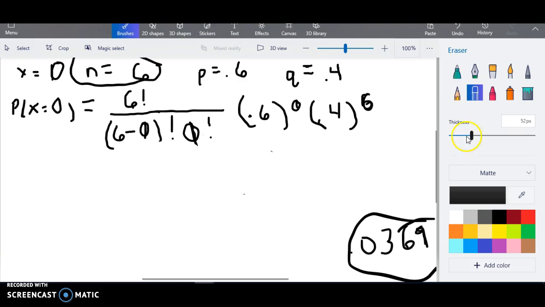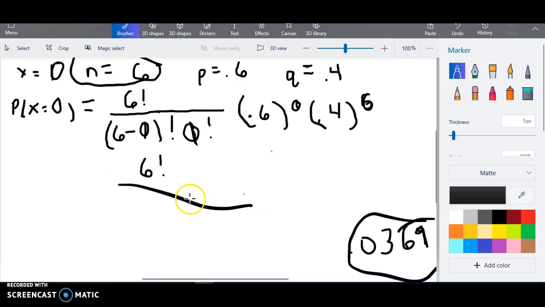So now let's work this. And this one's super easy because watch what happens. We get 6 factorial on the top, and you get 6 factorial on the bottom, and 0 factorial is just 1.